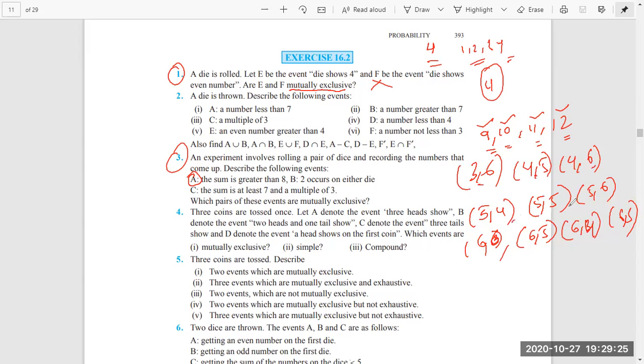That is 1, 2, 3, 4, 5, 6, 7, 8, 9, 10. So 10 events. This is how you have to describe it.